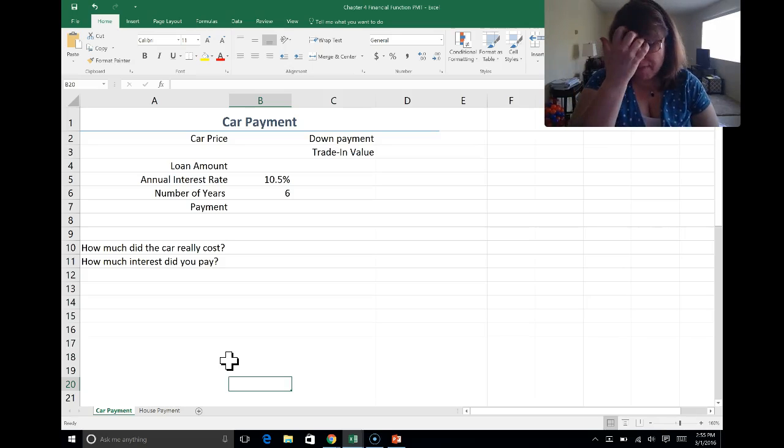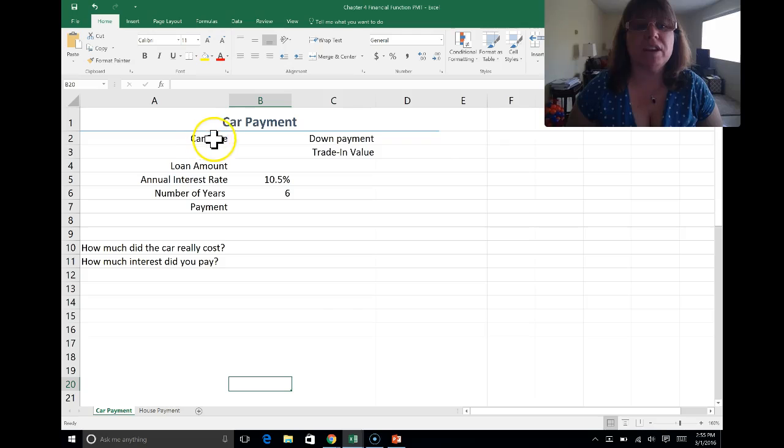So I've set up my first spreadsheet to deal with a car payment. And I've just started it off with a few information items on the sheet. Car price, if I put a down payment of cash, if I have a trade-in value, maybe I trade in another car. And we want to calculate what amount of the loan do I need.